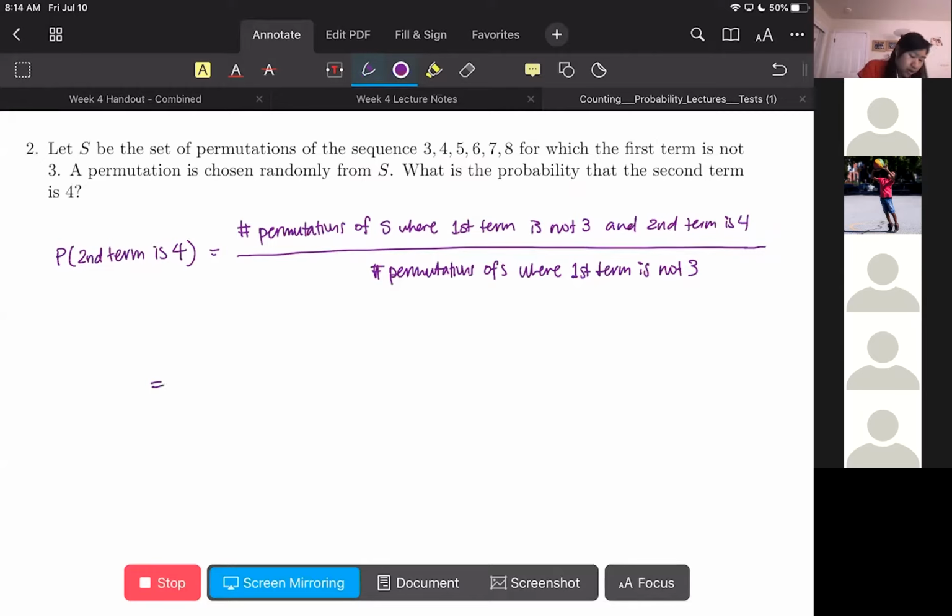We start with the bottom, the number of permutations of S where the first term is not 3. Does anyone have any ideas about how to count that?